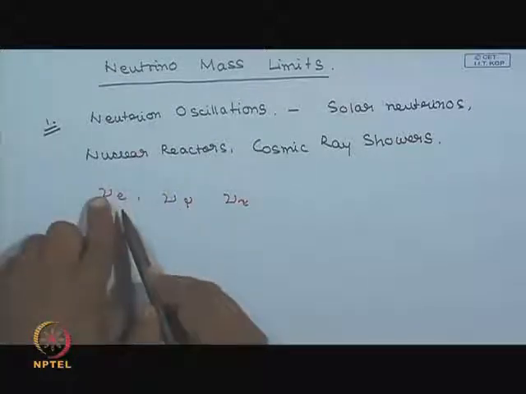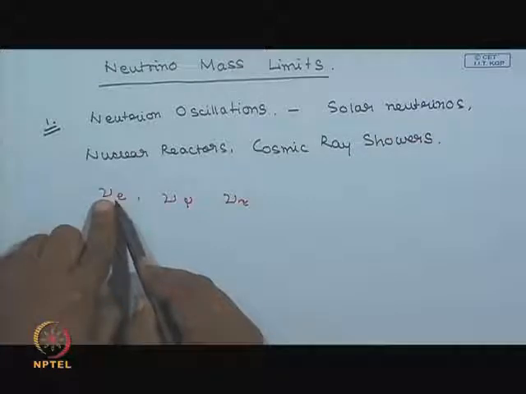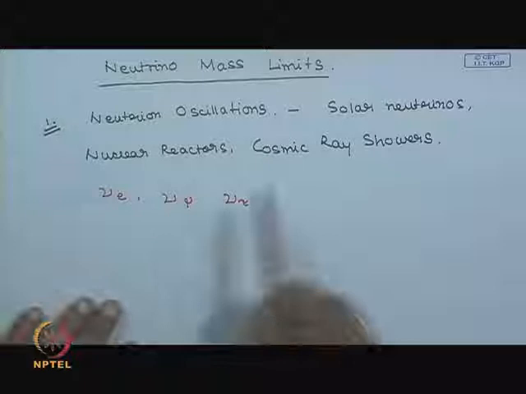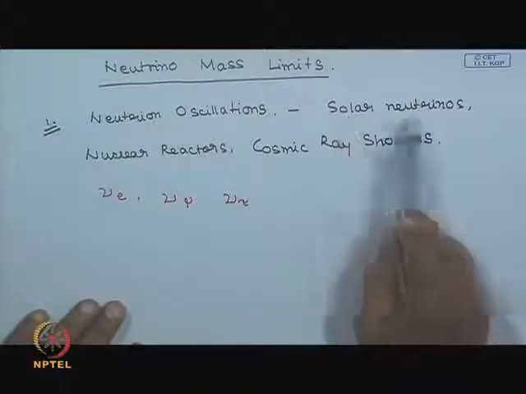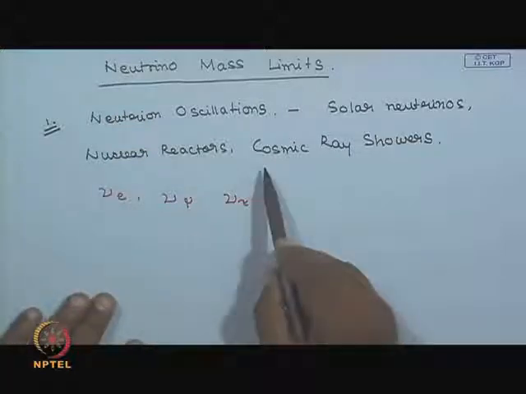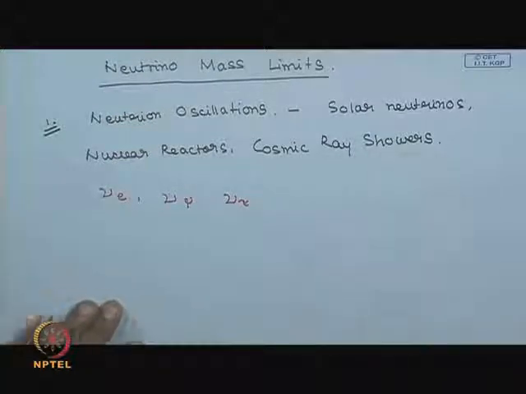So the neutrino oscillates between these three flavors, and these oscillations have been measured in neutrinos coming from the sun, from nuclear reactors, and also from cosmic ray showers.